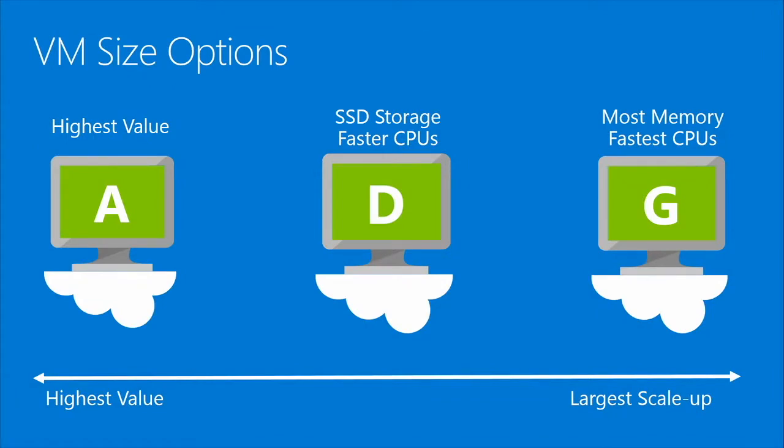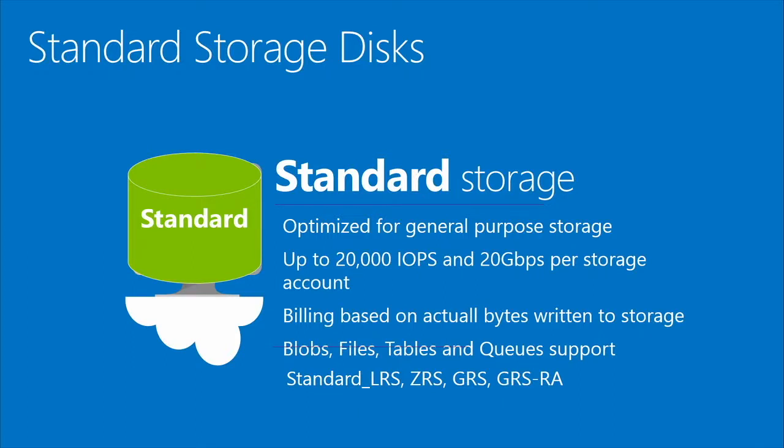And a key aspect of picking the virtual machine size is whether you want to attach a premium disk to them or not. The virtual machines that are labeled S offer premium storage.